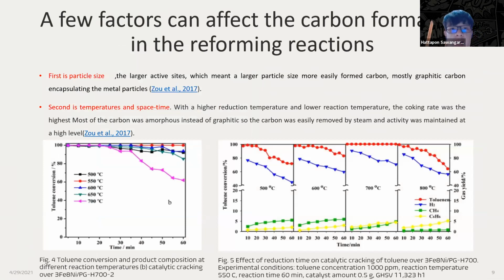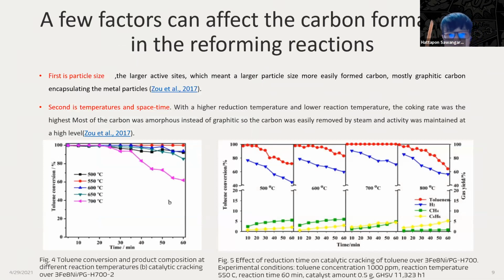Few factors can affect the carbon formation in the reforming reaction. First is particle size. The large active site, with large particle size, is easy to form carbon. Smaller graphene carbon ends up encapsulating the nickel particle. Second is temperature and spectrum.